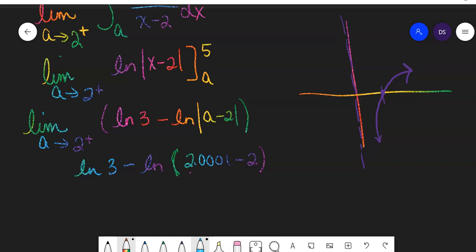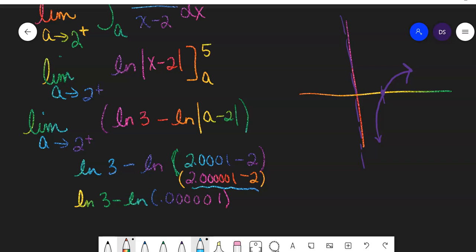So as the number inside here gets closer to 2, that decimal on the inside is approaching what number?